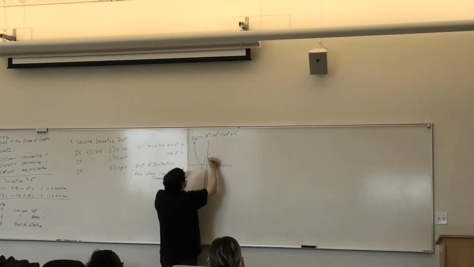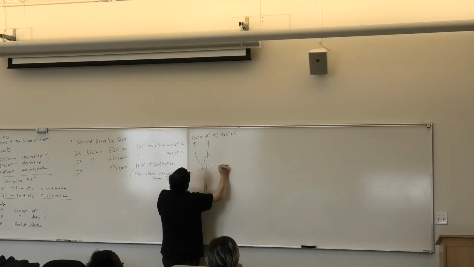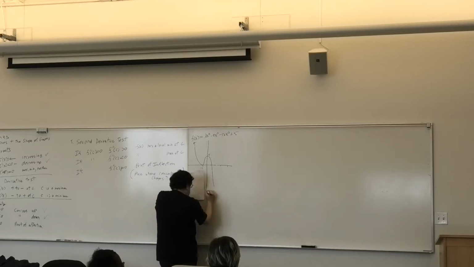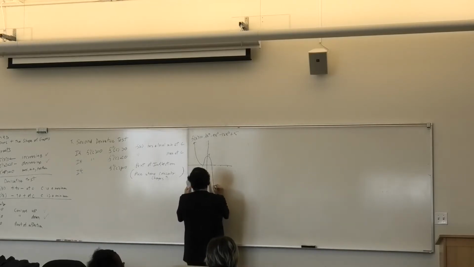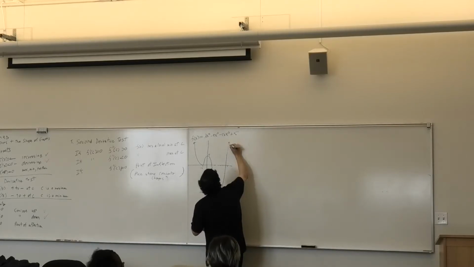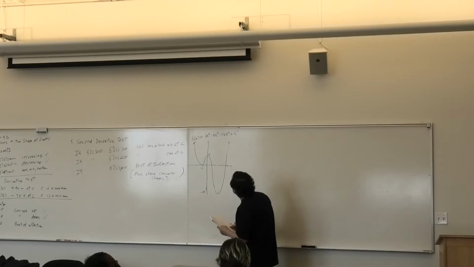And then 1, 2, 3. Comes down this way to about -27. And then it's going to loop back. Okay, so that's our function.